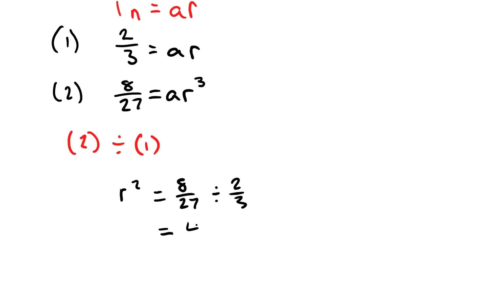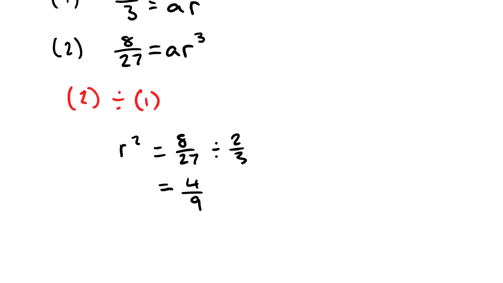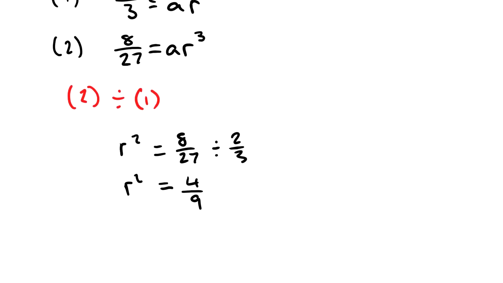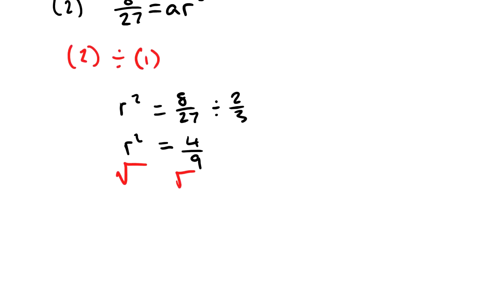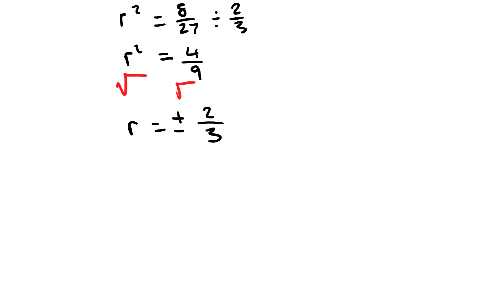And that comes out as 4 over 9. We can then square root both sides and get r equals plus or minus 2 over 3. We can substitute this back into the first equation.